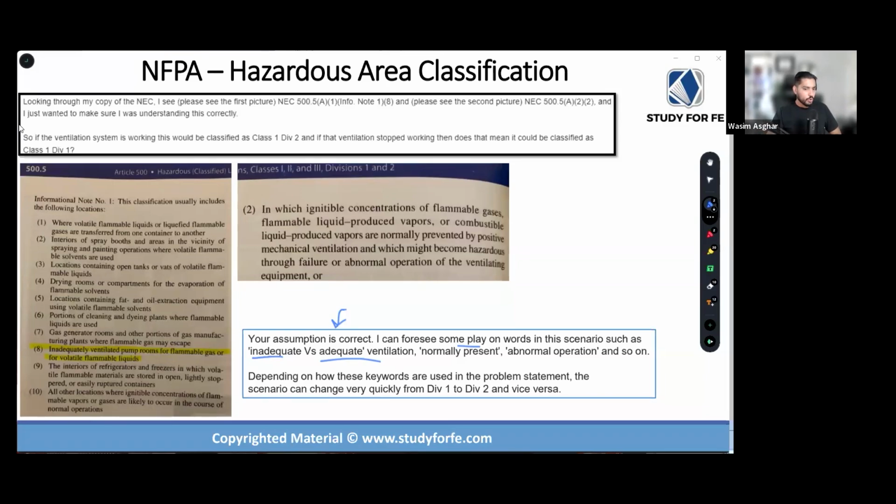If I throw in some adjectives, or more description around what type of ventilation it is, then even if we have ventilation, inadequate ventilation will actually result in a different classification. Okay, depending on how these keywords are used in the problem statement, the scenario can change very quickly from div 1 to div 2 and vice versa.